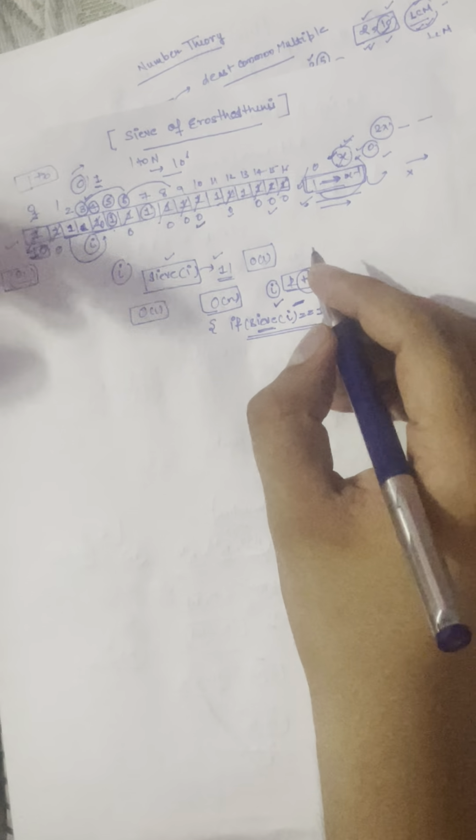So if we reach an i, and that i has value 1, because we have already checked all the numbers in the range 1 to i, and no number was able to divide it, then this number is a prime number.